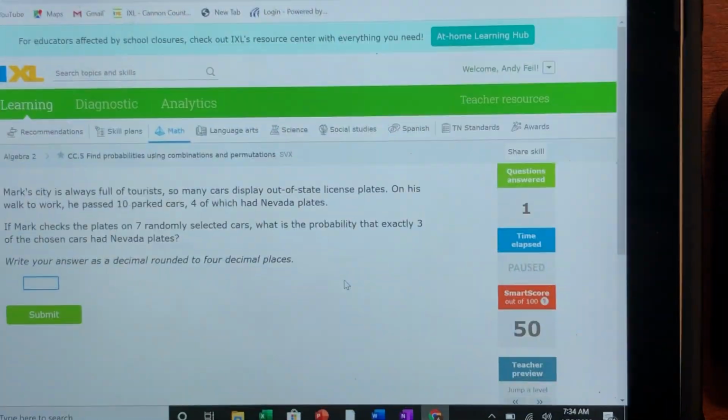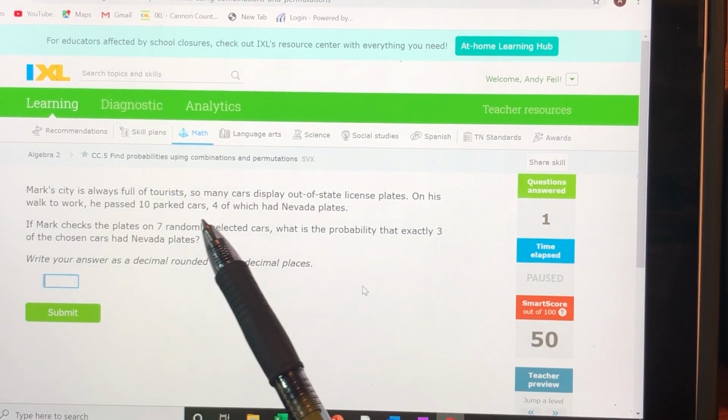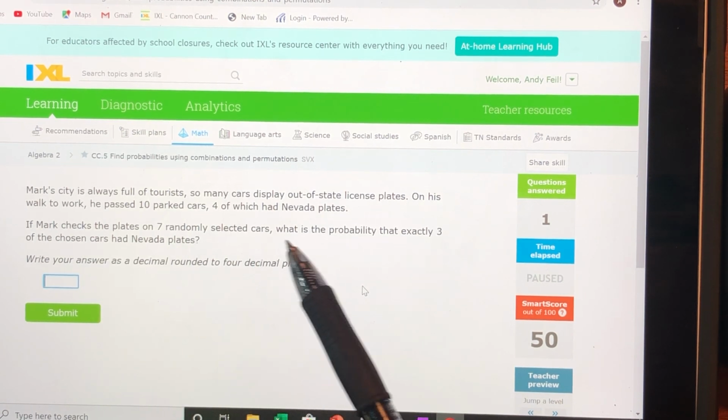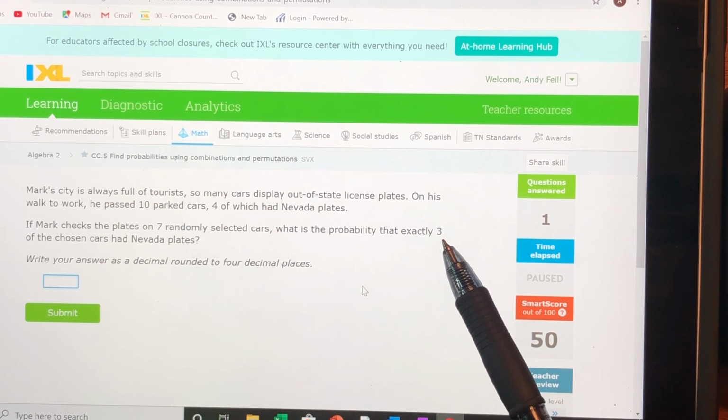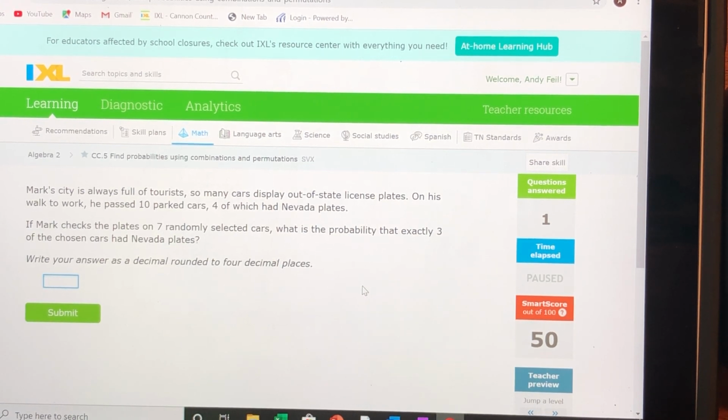Okay. Now let's figure out in the numerator what he's trying to do. On his walk to work, he passes 10 cars, 4 of which have Nevada plates. If he checks 7 randomly selected cars, what's the probability that exactly 3 have Nevada plates? So we're going to figure out 2 things for the numerator. One is we're going to figure out all the different ways that there can be exactly 3 Nevada plates.